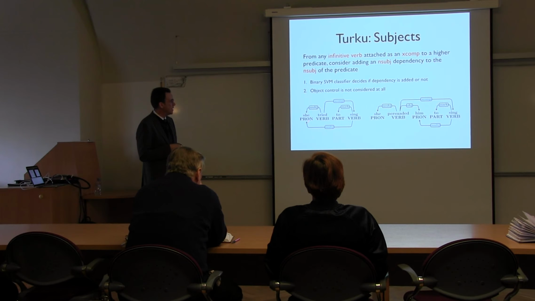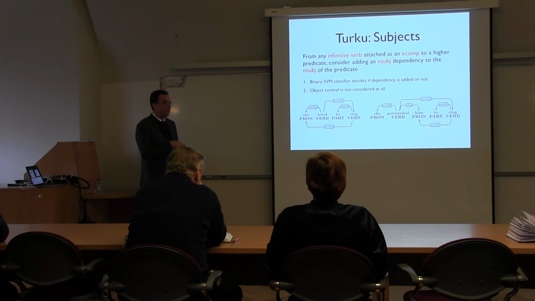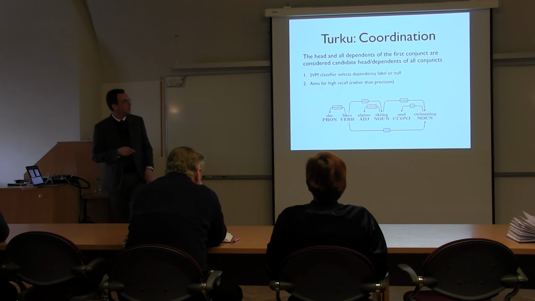So they will consider a link from sing to she as a candidate here, and then in a binary fashion decide using the SVM classifier whether that's a good dependency or not. So here they will hopefully decide to add this arc. Here the best thing they can do is to decide not to add an arc to n-sub, but they can never recover this one. That's the difference.